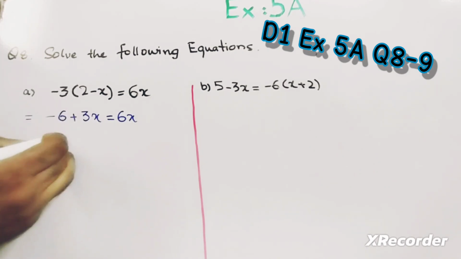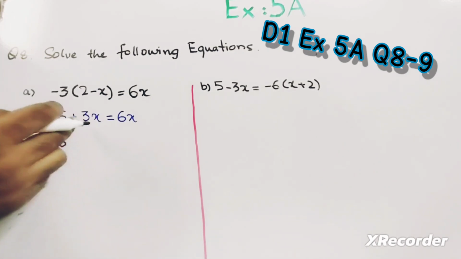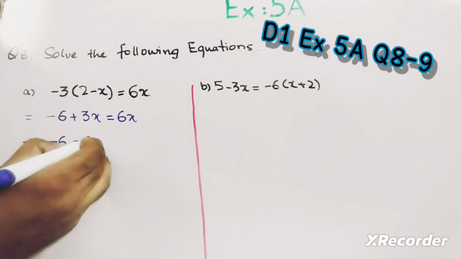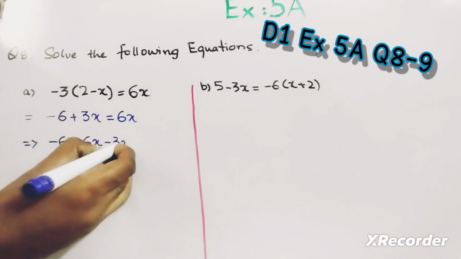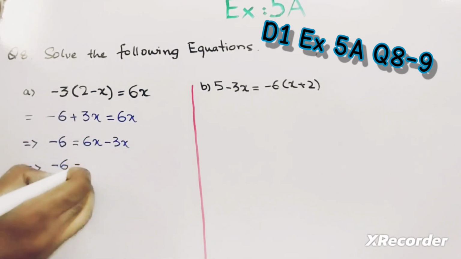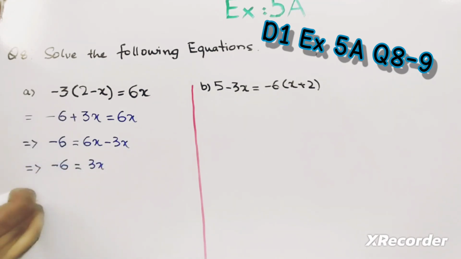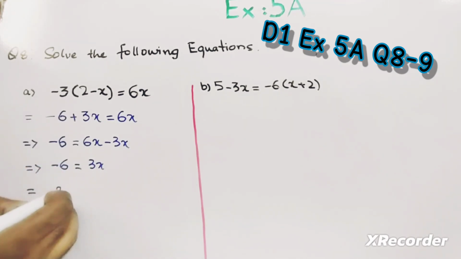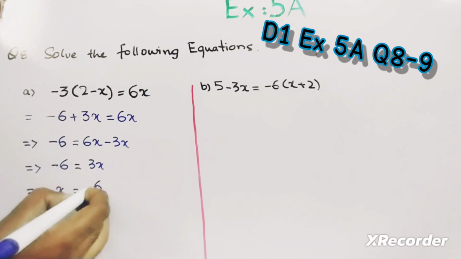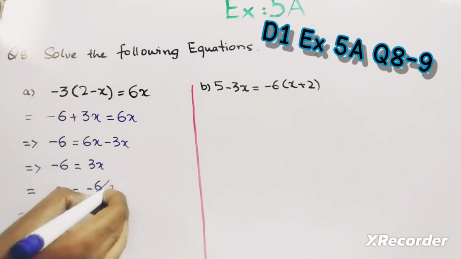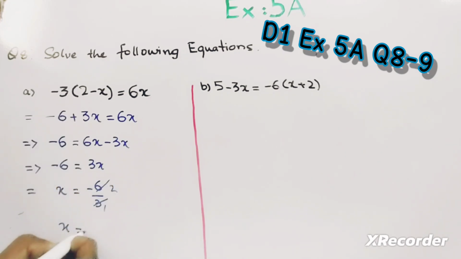Now minus 6 and this positive 3x will become negative on the other side, is equal to 6x minus 3x. 6x minus 3x is 3x, and this 3 will become a divisor on the other side. x is equal to minus 6 upon 3. 3 times 1 is 3, 3 times 2 is 6. So our x will be minus 2, and this is our required answer.